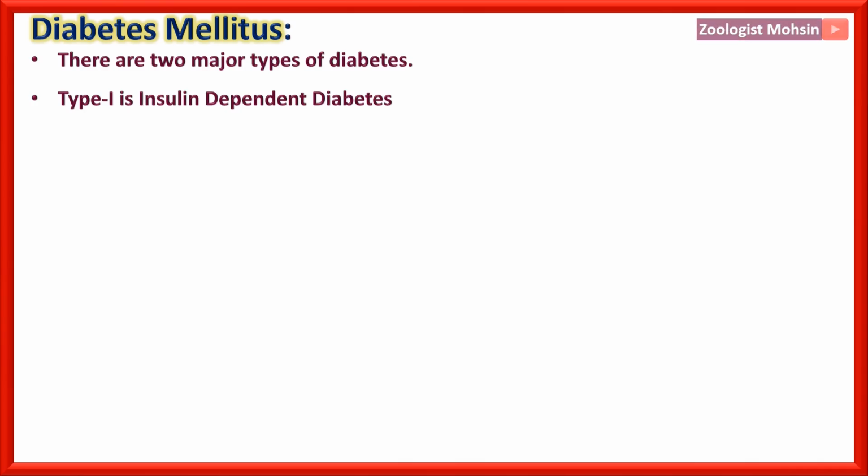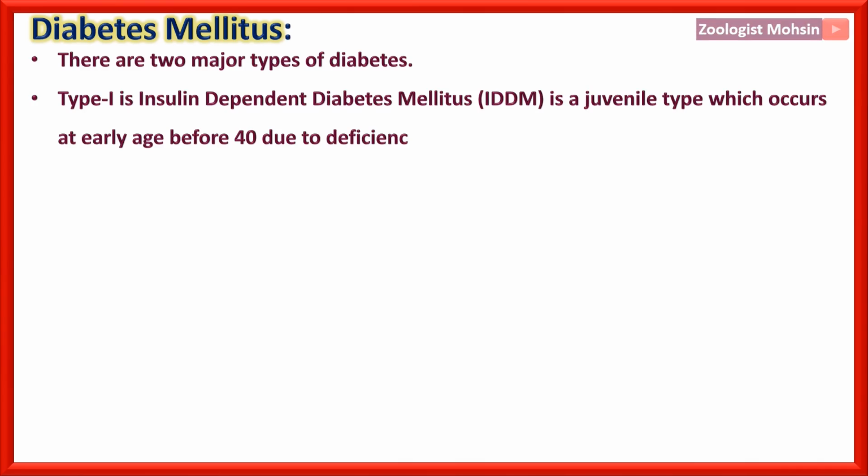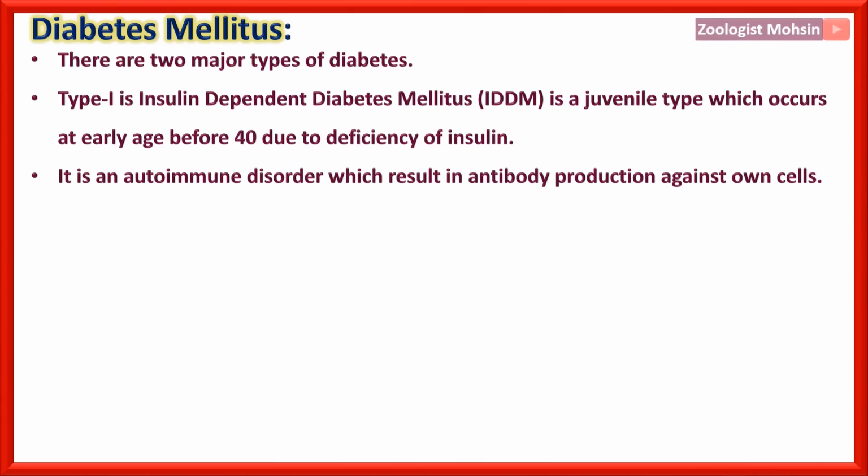Diabetes mellitus. There are two major types of diabetes, type 1 and type 2. Type 1 is insulin dependent diabetes mellitus, IDDM, a juvenile type which occurs at an early age, before 40 years of age, due to deficiency of insulin. It is an autoimmune disorder which results in antibody production against the body's own cells of the pancreas.